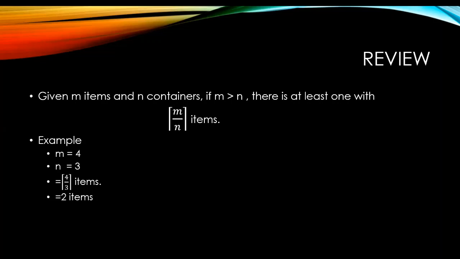Using the formula, the ceiling of M over N, we have 1.33 items. Since we have a ceiling function, 1.33 rounds up to 2. It means there is at least one container that contains 2 items. That's the meaning of this formula, so it defines how many items are in one container.